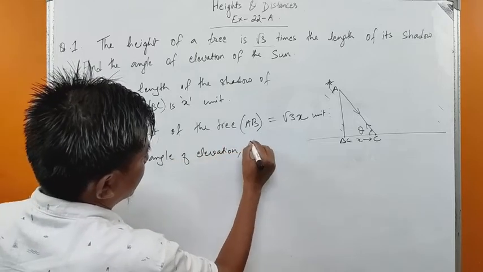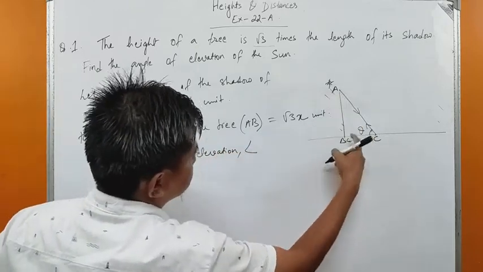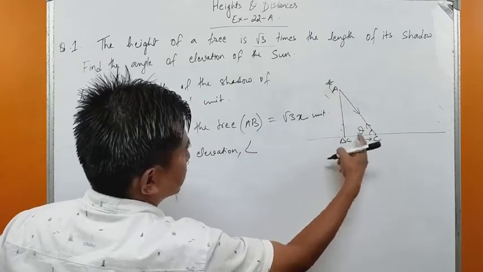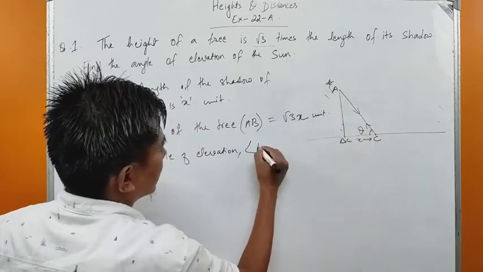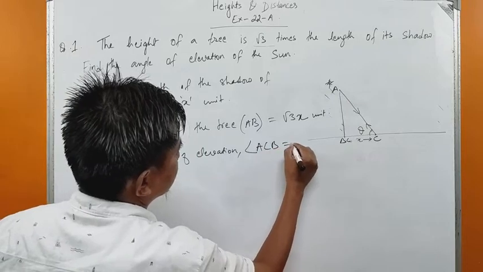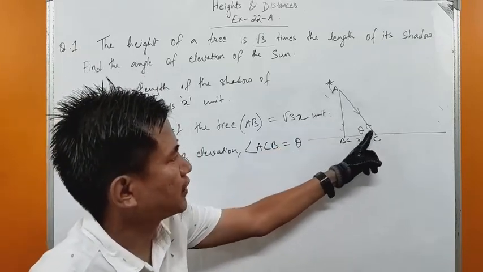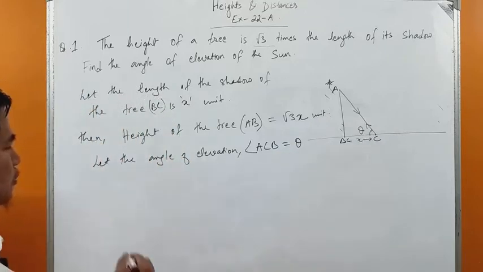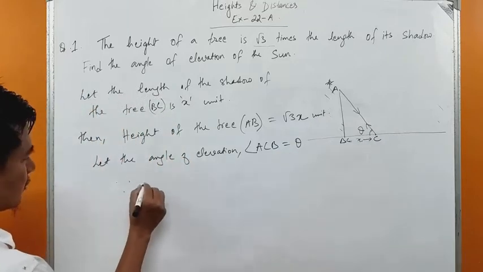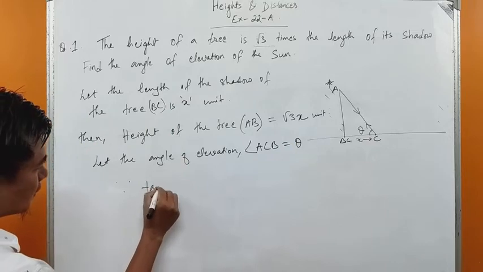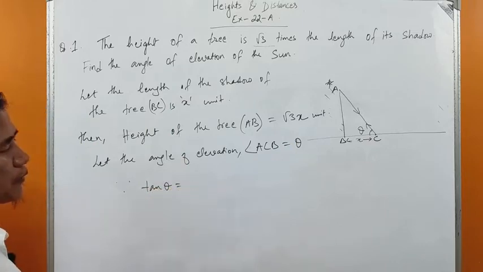Let the angle of elevation be angle ACB, making sure C comes in the middle. ACB equals theta, which means angle C is theta. We know tan theta equals perpendicular upon base.